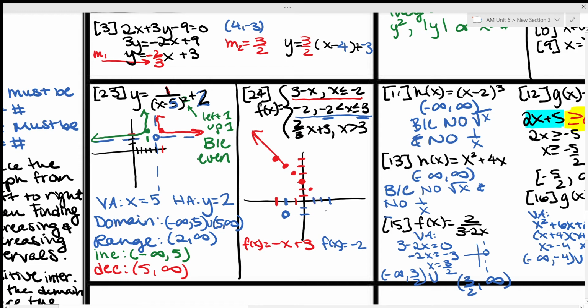I'm going to put a filled in one. Why is that one filled in? Because it is equal to. Good. Okay, now I need to adjust this because it looks like I filled that one in. There, that's a little bit better. I know I wrote it mega huge, that dot, but it looked like I filled it in.